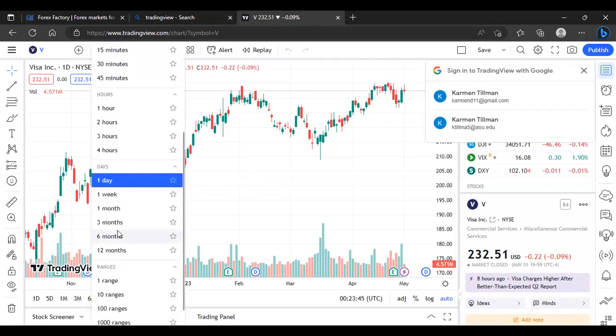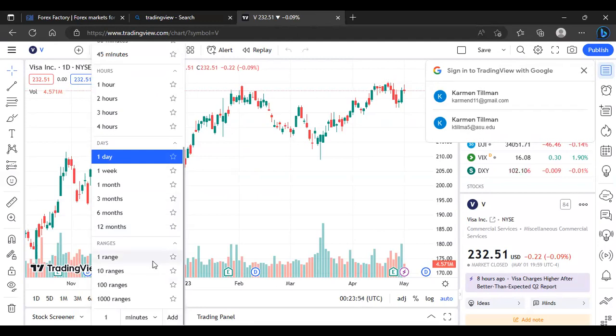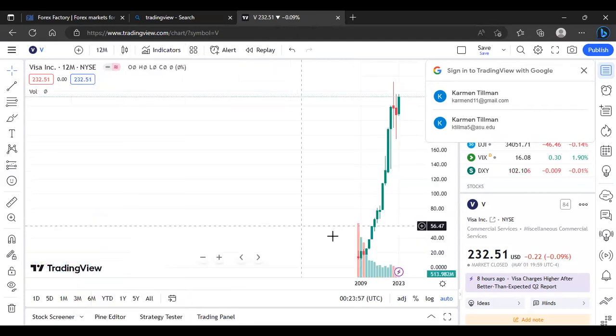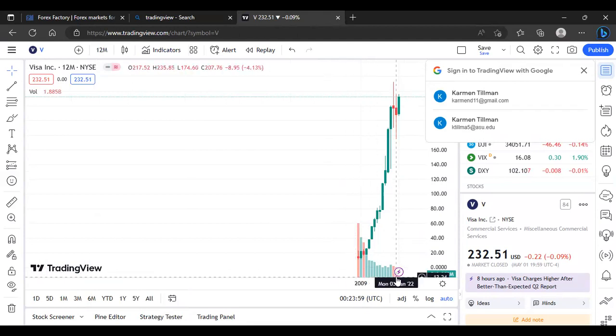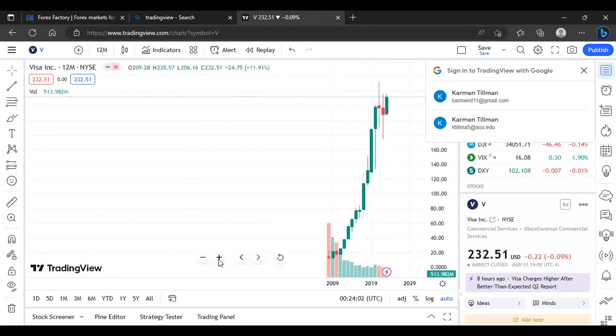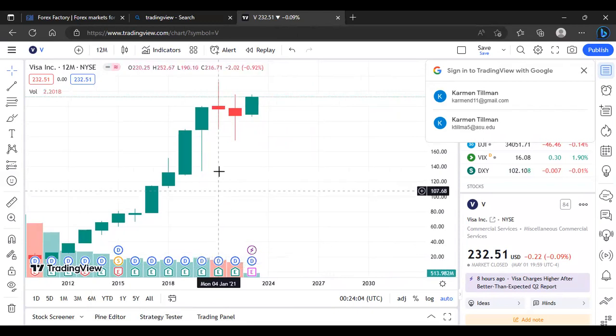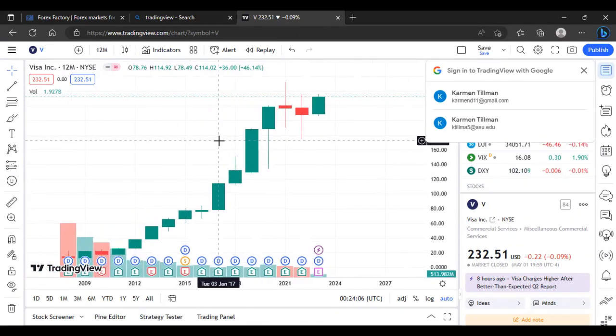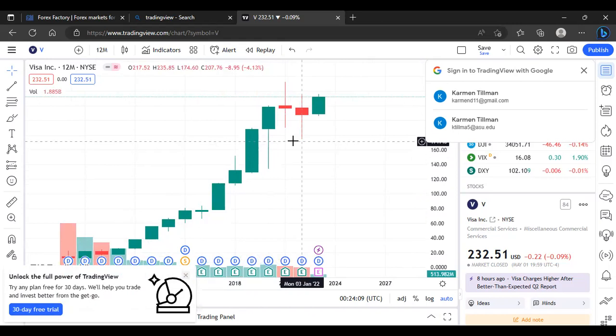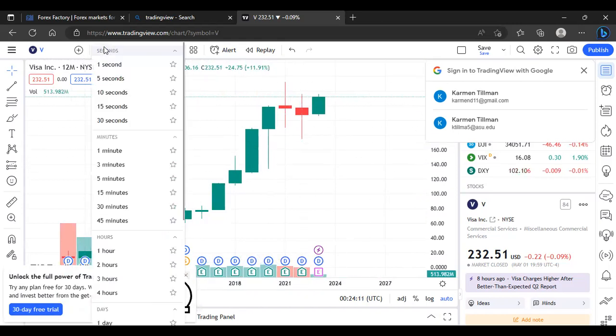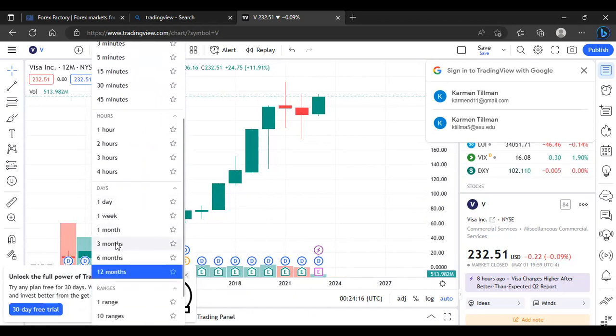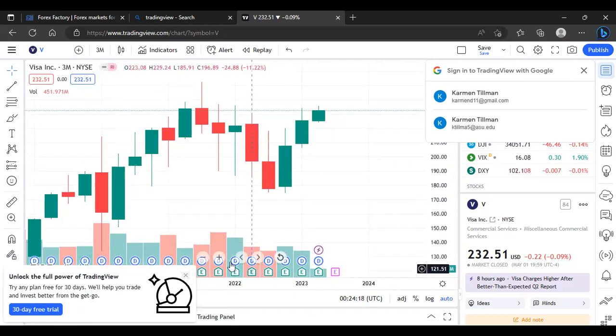I'm going to go all the way out. Let's just do 12 months. All right. So this is like a 12-month chart. You can see what I'm talking about here. This looks kind of weird. Hold on. Let's zoom out to a 3-month chart.